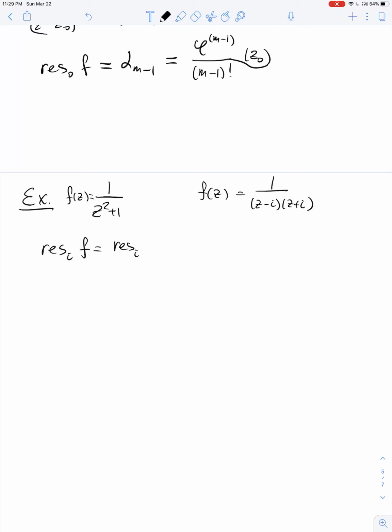Let's write it like this: 1 over z plus i, divided by z minus i. This will be my phi. Phi is nice and analytic at i. And now we know that the residue is just phi of i, which is 1 over 2i.